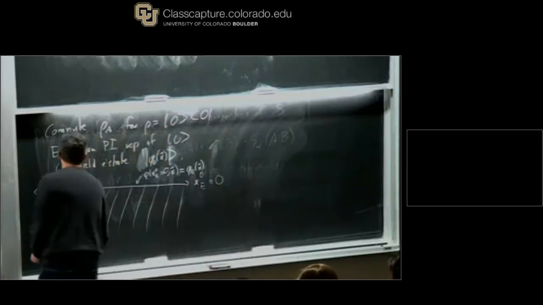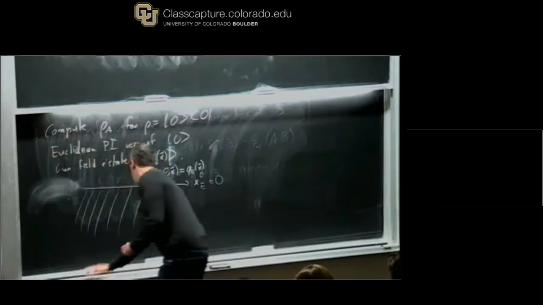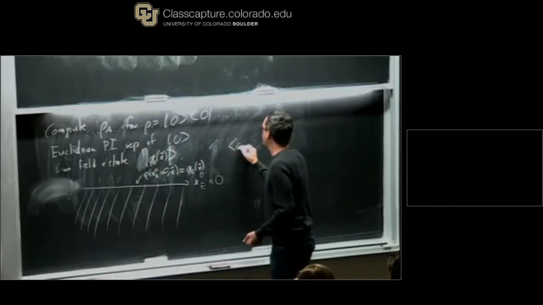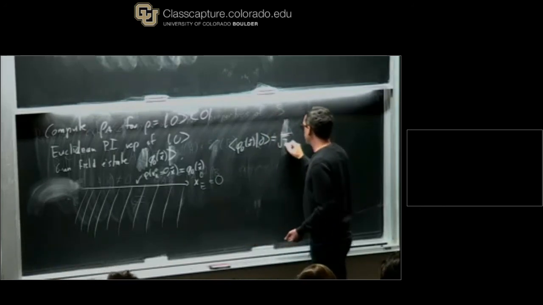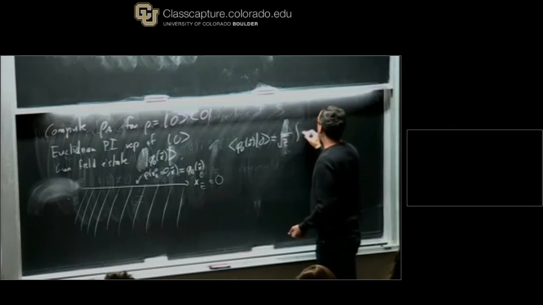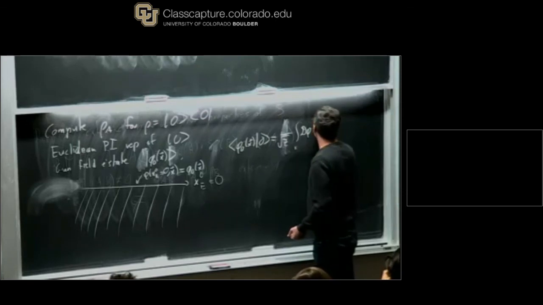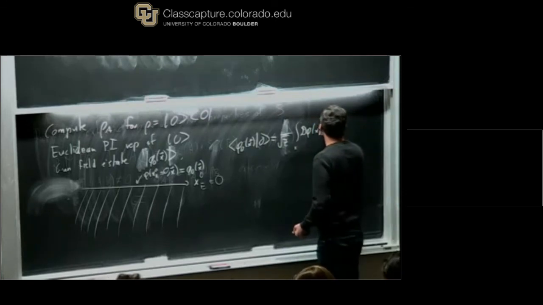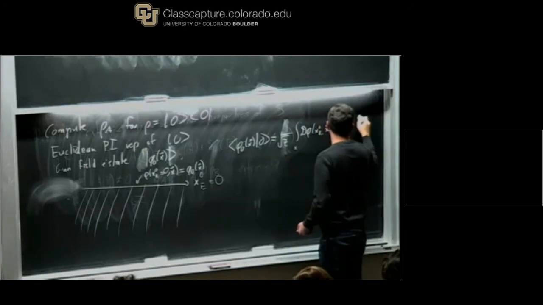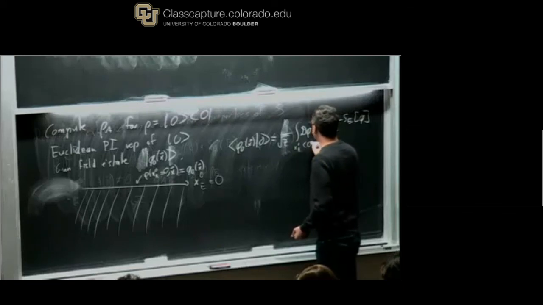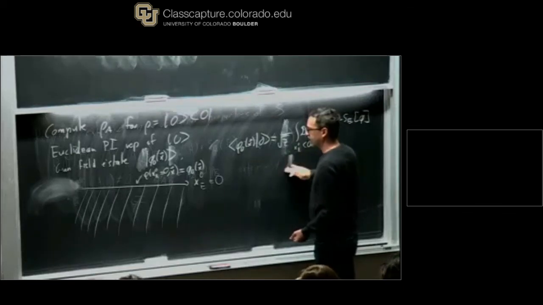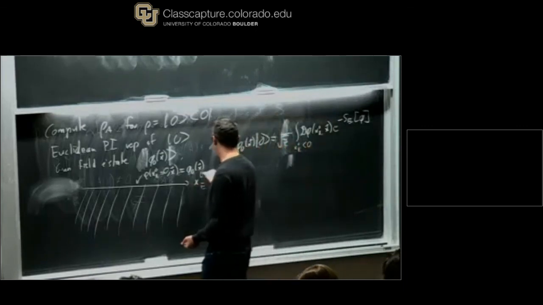So that's a boundary condition. So this state, let me write an equation here. This overlap, phi naught of x with the vacuum, is given by some normalization factor, I think it's a square root, times the path integral over all phi's of e to the minus Euclidean action, where x naught Euclidean is negative and subject to this boundary condition.